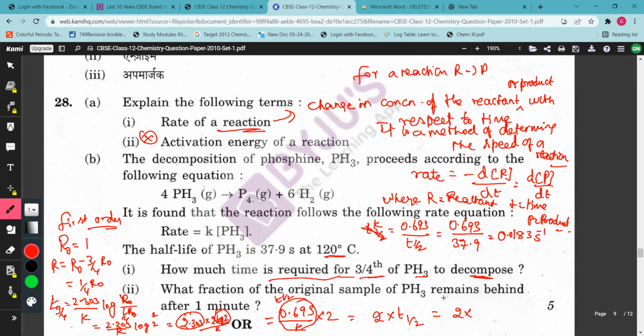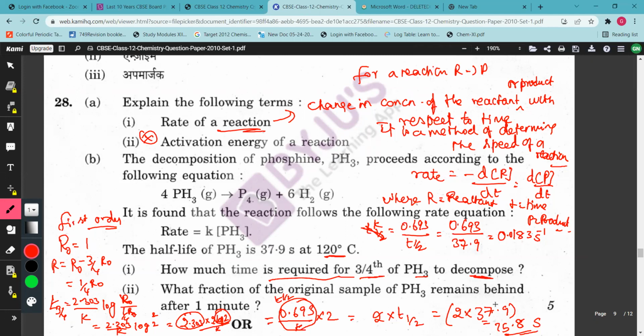That's okay. So T half is 37.9, and we just multiply. So first derive the relationship between T half and T 3/4 and use this. So what will be the time? 75.8 seconds will be the time required for 3/4 reaction to complete.